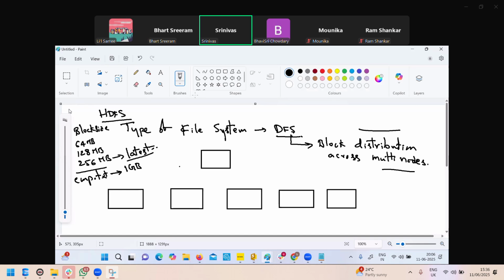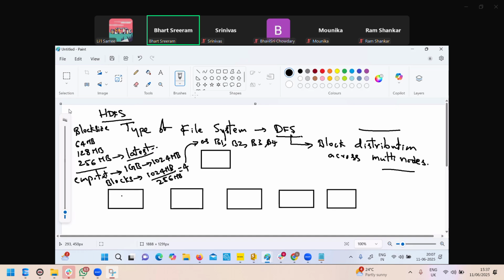How many blocks? 1024 MB divided by the block size of 256 MB means 4 blocks: block 1, block 2, block 3, and block 4.